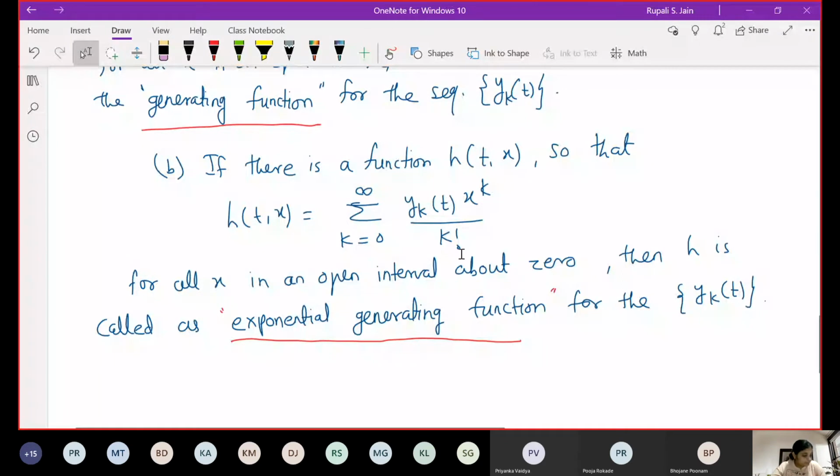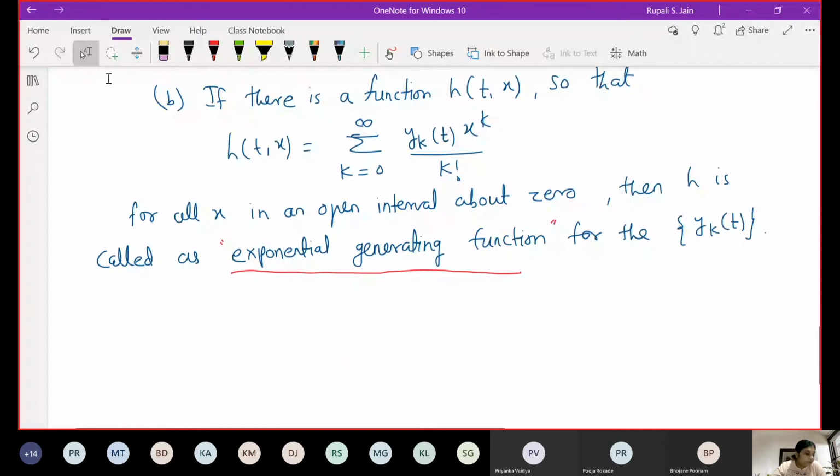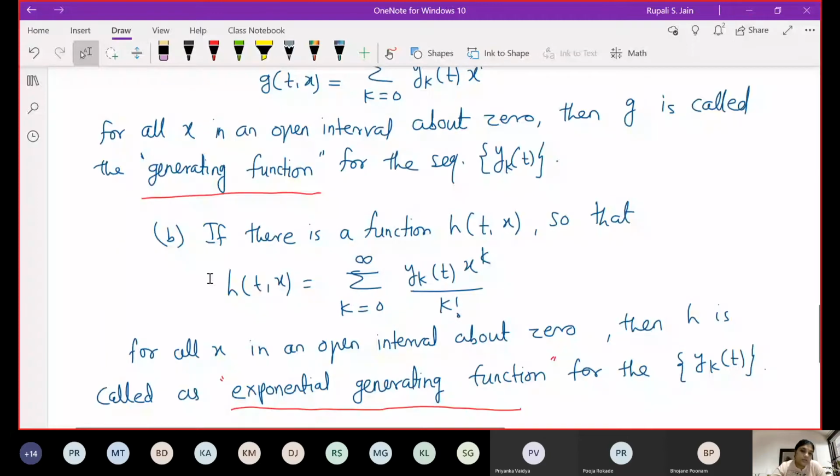Now, if the generating function or the exponential generating function is known, then we can find this y_k(t) also. How can we find y_k(t)?